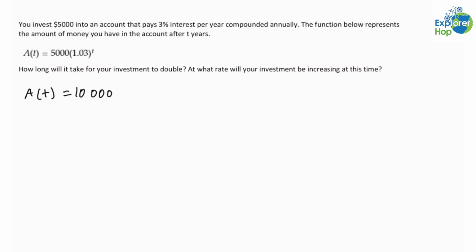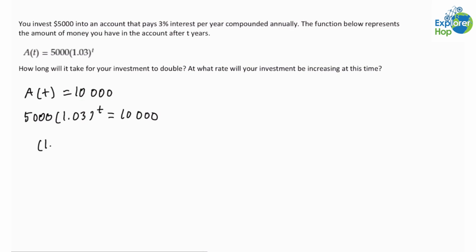So this means that 5,000 times 1.03 to the power of t is equal to 10,000, which means that 1.03 to the t is equal to 10,000 over 5,000, which means that 1.03 to the t is equal to 2.